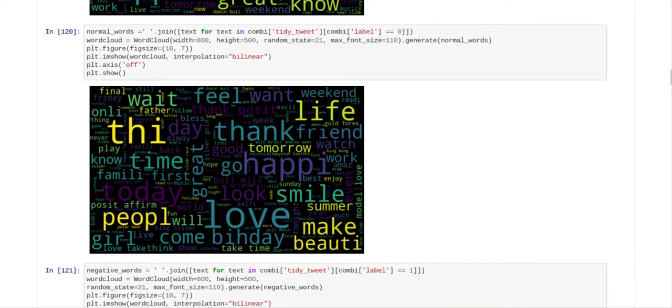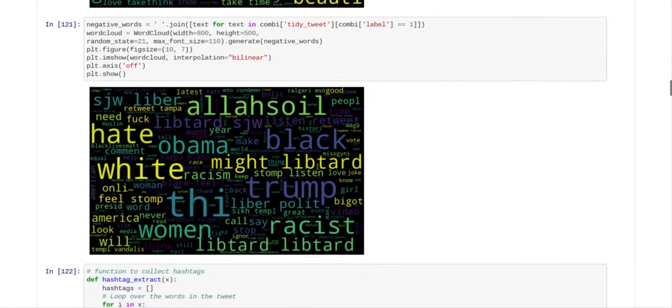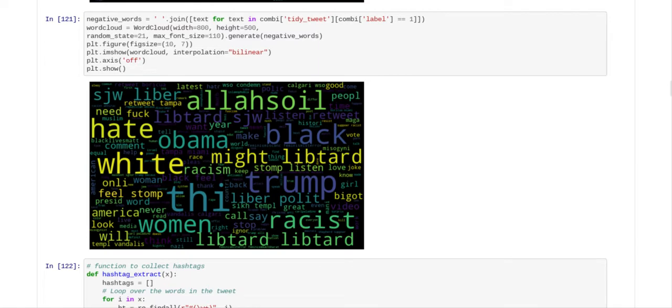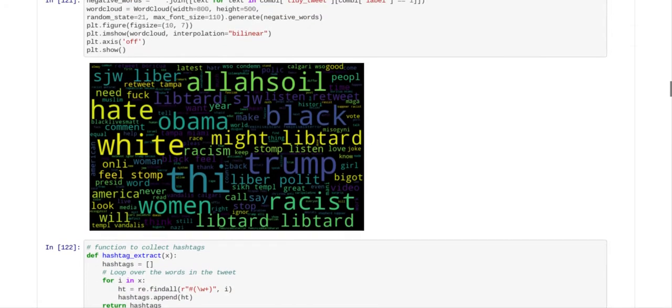Then we had a function where it put all of the normal words in the tweets, so you could see all the normal words in the diagram. Then we had a function where you put all of the negative words in a tweet in a chart.